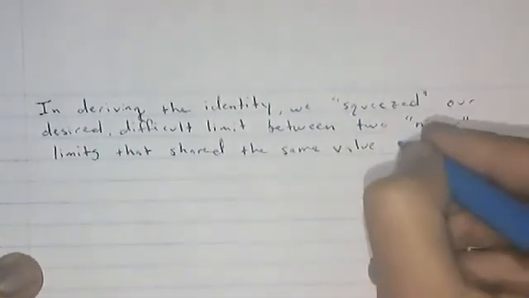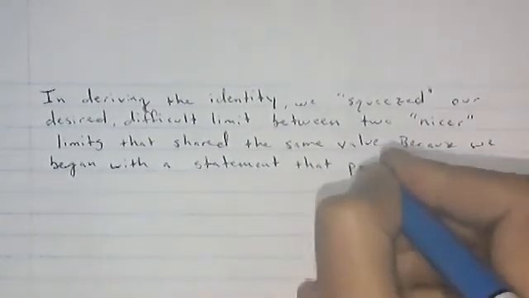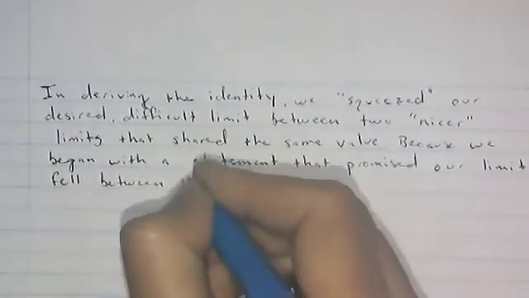And because we began with a statement, in our case, relating all the way back to triangles and sectors, but we began with a statement that promised that our limit, our difficult one, fell between the other two, it also must share those values.